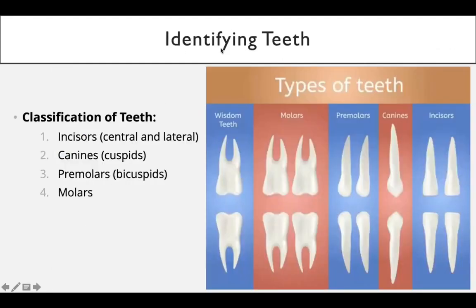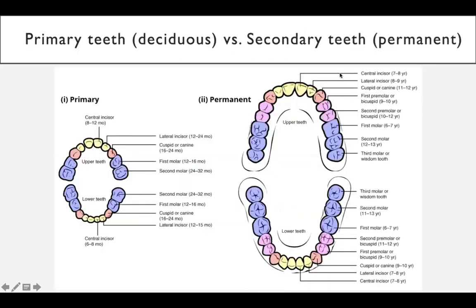So let's start with identifying teeth. We have the classification of teeth: incisors, canines, premolars, molars, and the third molar, wisdom teeth. Incisors are central and lateral. If it's in the center, it's the central incisor, and then next to it we have the lateral incisors.